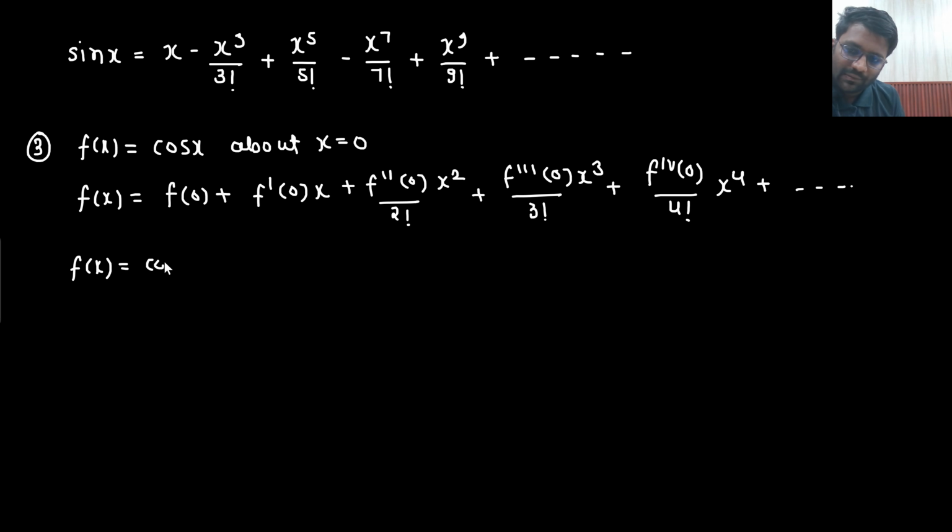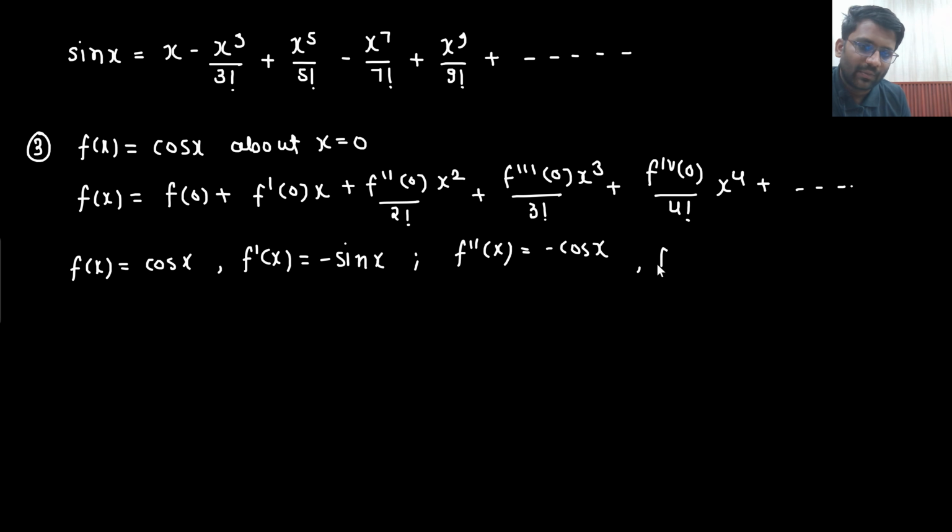What is the value of f x? Cos x, right? What will be f dash x? The differentiation of cos x will be, sir, minus sin x. What will be f double dash x? The differentiation of sin x will be, sir, minus cos x. What will be f triple dash x? Sin x. And what will be the 4 time differentiation?